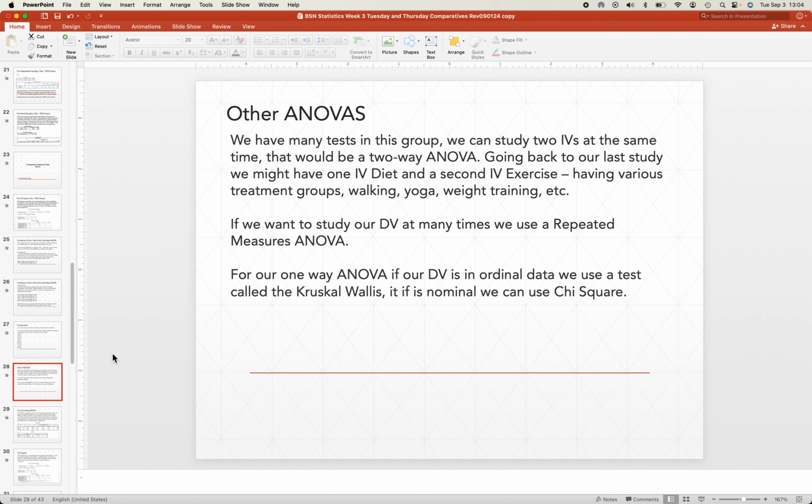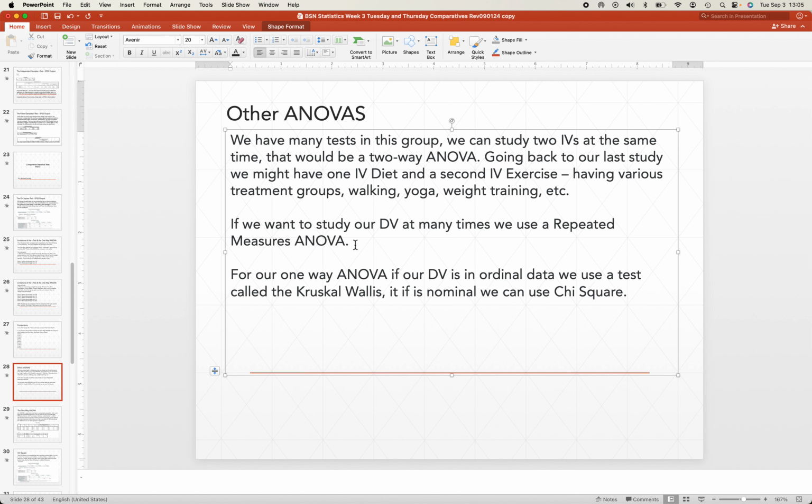So maybe what we want to do is measure a patient's weight at the beginning of the study, and then say every month for 12 months we want to see which of these diets is performing better, which is losing more weight, all along the way every month. That's what a repeated measures ANOVA can do.